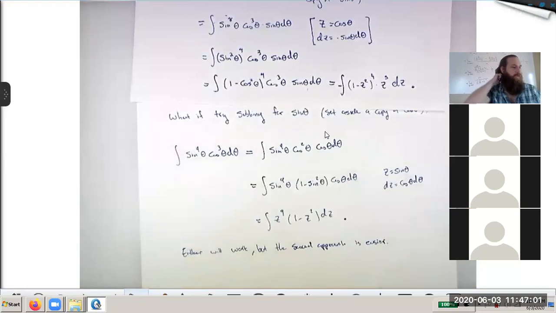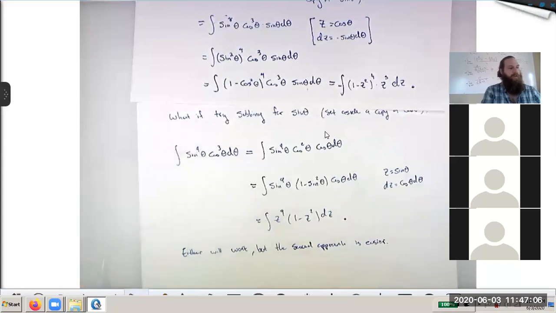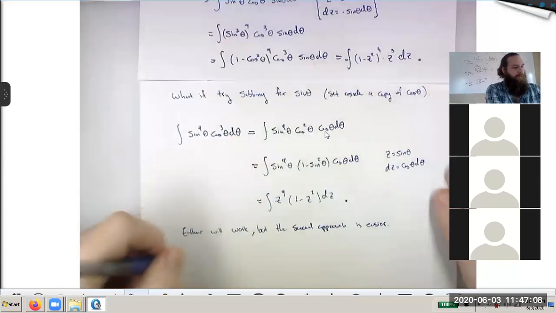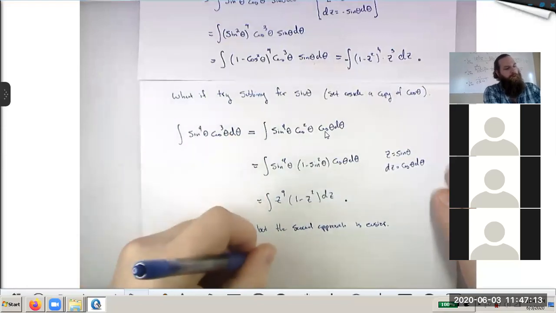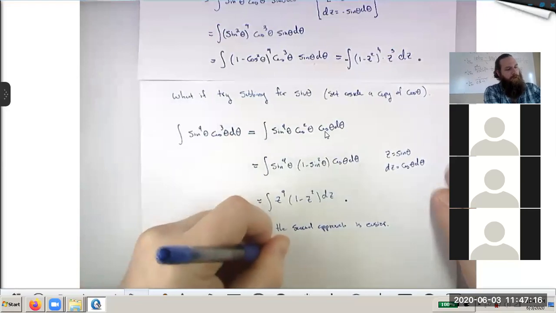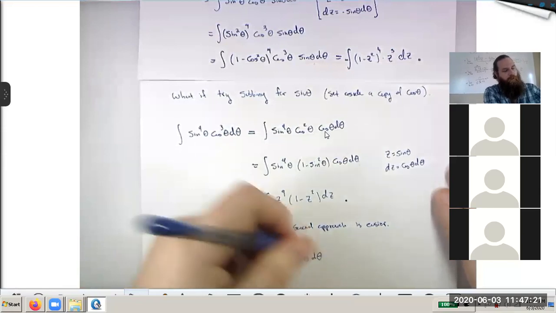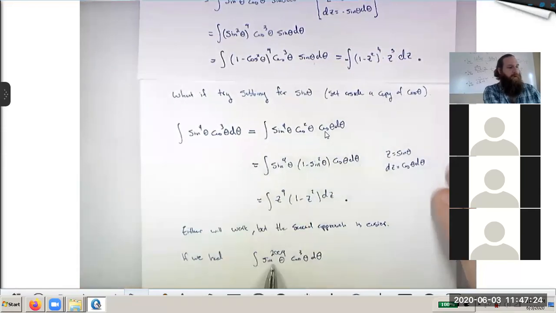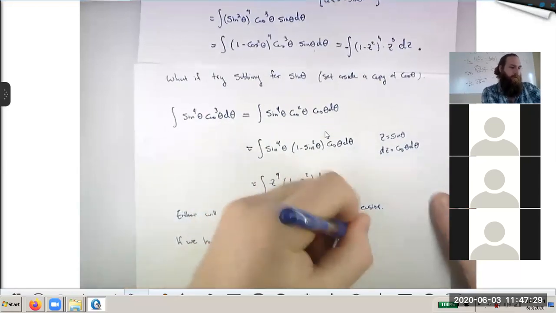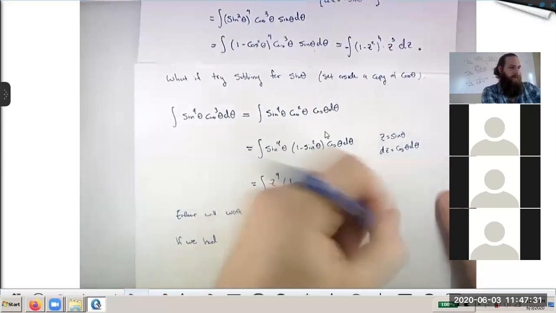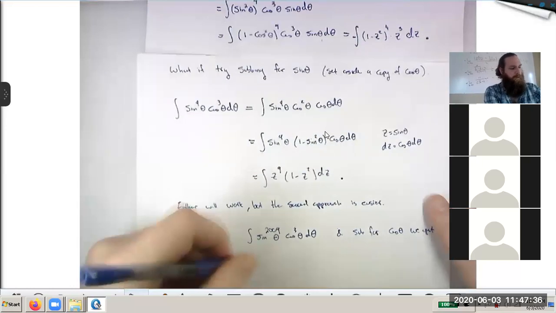And I could modify that original problem to sine to the 901 or 1009 if we had the integral of sine 2009 theta times cos cubed theta d theta. Then this guy would end up being a huge thing to multiply out. And if we sub for cos, what would we get?